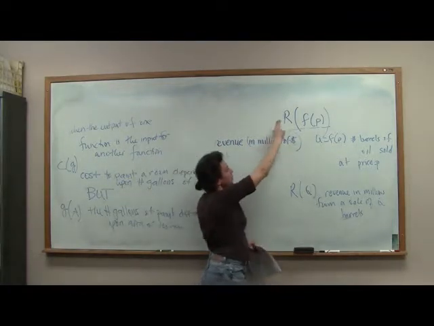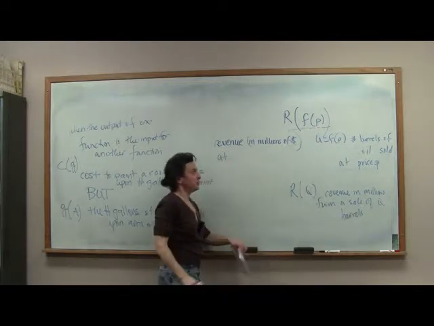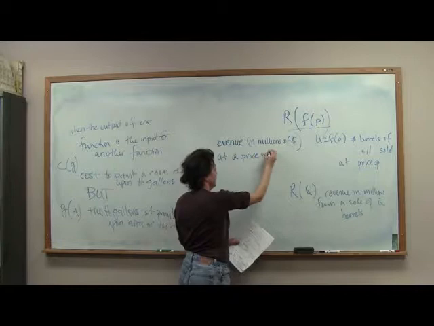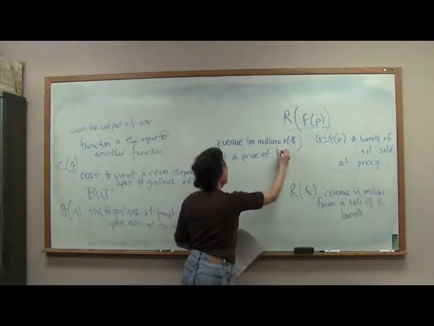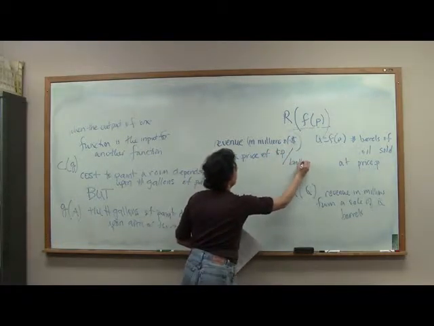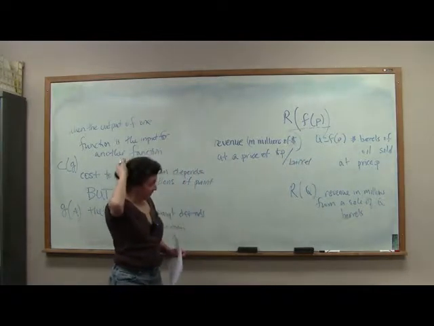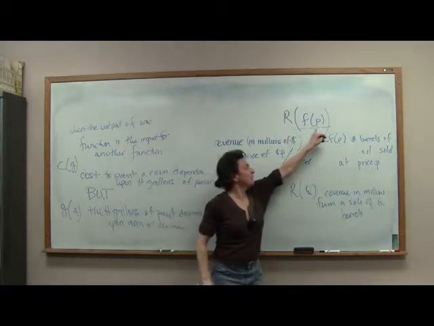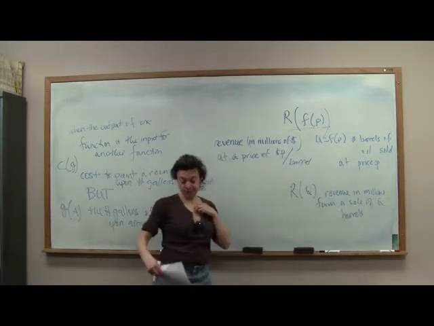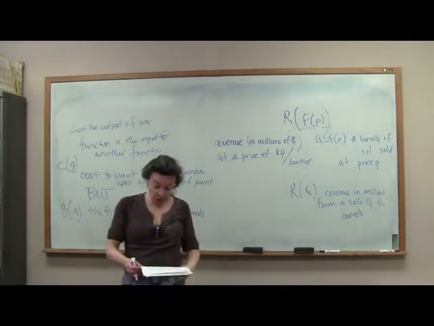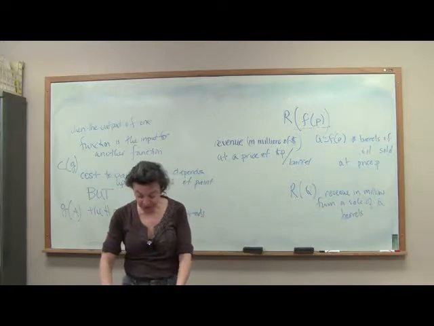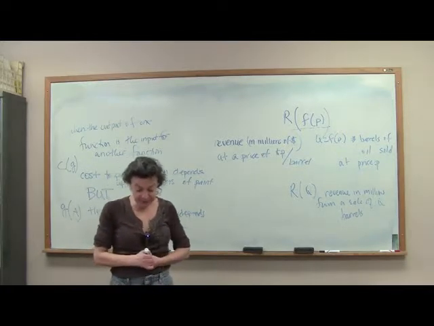Well, essentially what you can do is just jump to the inner unit at a price of P dollars per barrel. So when you're trying to put these things in words, start with the units of the outer and then jump to the very inner. All right. So those are our basics with our composition of functions at this point.